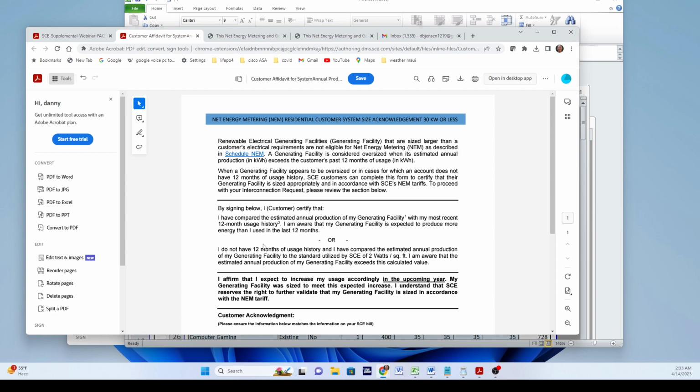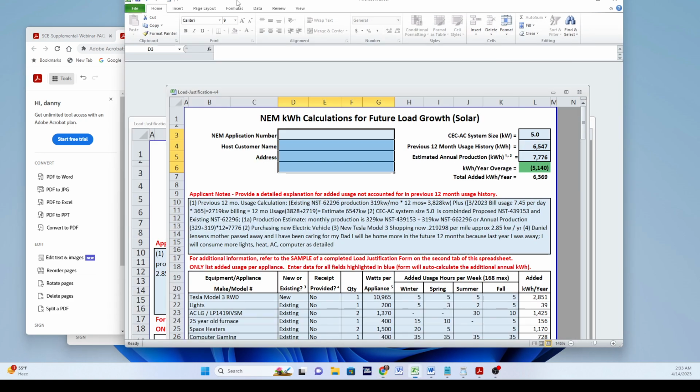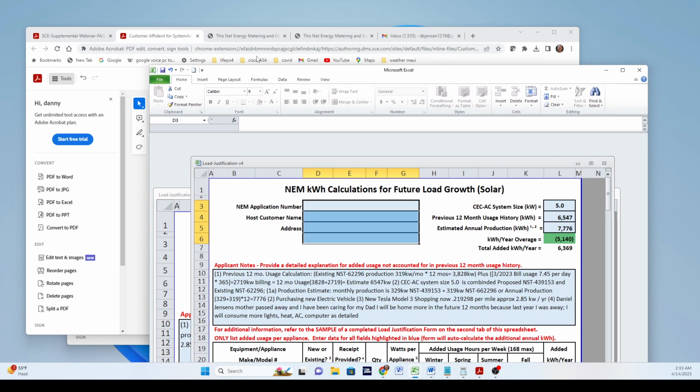You can just fill it out and say, hey, I haven't lived here, I don't have 12 months of history, I've come up with the best figure I could, and I think my system is good. And then you don't have to do one of these forms. You could just do that affidavit formula. That's the other thing.